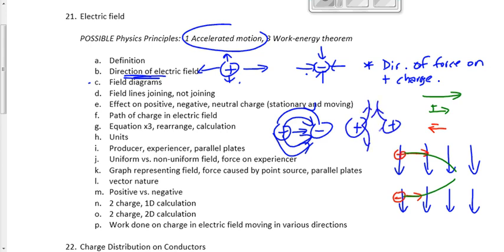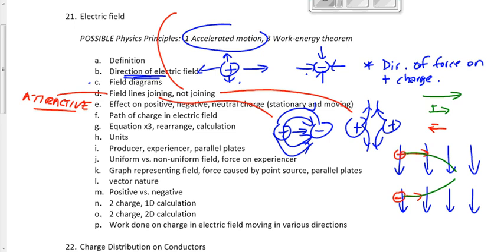And remember that when field lines join up, we got something like this. That's an attractive force. When they don't join up, we have something like this, a repulsive force. So again, just remember, if they join up, it's attractive, no matter what the diagram looks like. If they don't join up, it's a repulsive force, again, regardless of what the diagram looks like.